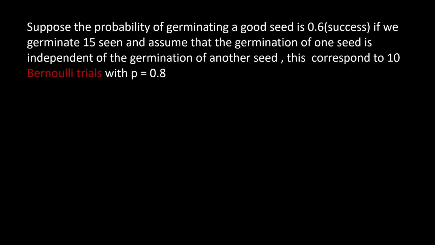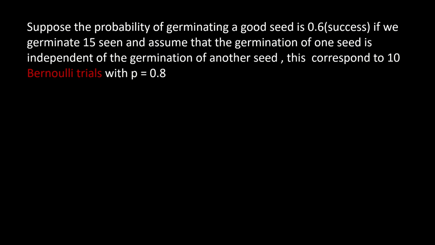Another example: suppose that the probability of generating a good seed is 0.8, which is a success. If you generate 15 seeds and assume that the generation of one seed is independent of the generation of another seed, this corresponds to 15 Bernoulli trials with probability p equal to 0.8.